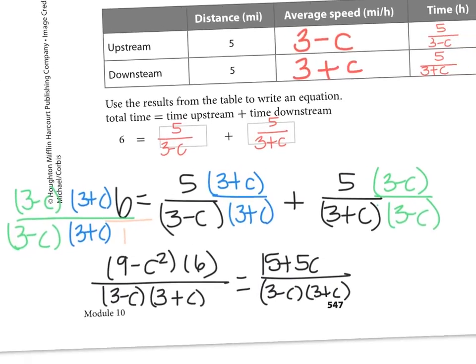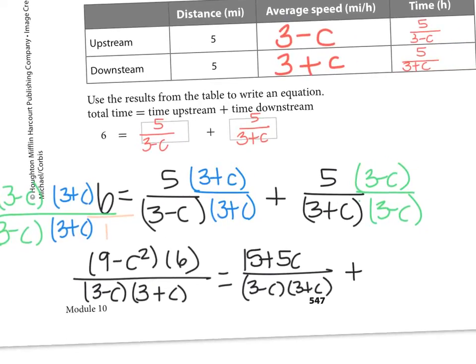And then I can again distribute 5, so that would be 15 minus 5c over 3 plus c times 3 minus c.